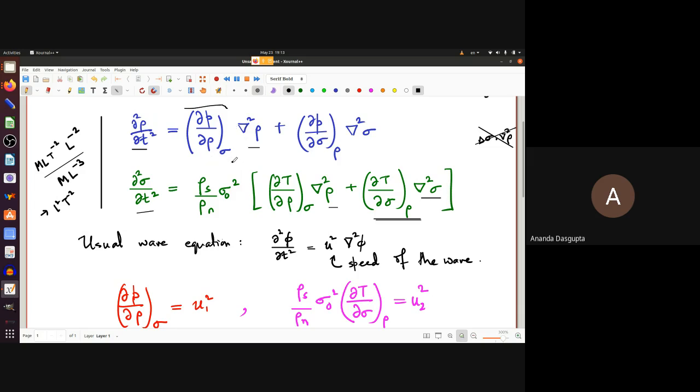On the other hand, if you had no rho fluctuation, if this term had been zero, then this equation would have been an ordinary wave equation in sigma, and this would have been the velocity of that wave, right? So u1 and u2, the quantities that we have introduced here, are basically the velocities that a purely density wave or a purely entropy wave would have had, if the other quantity, entropy in the first case and density in the second, had been constant. Is that okay with everybody?